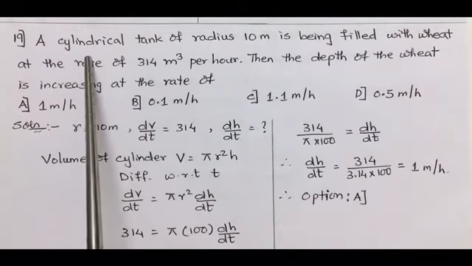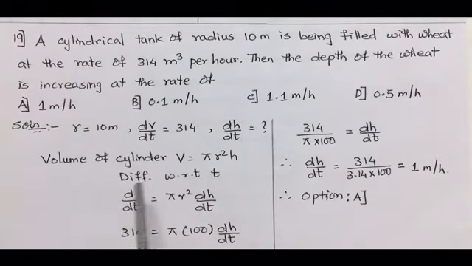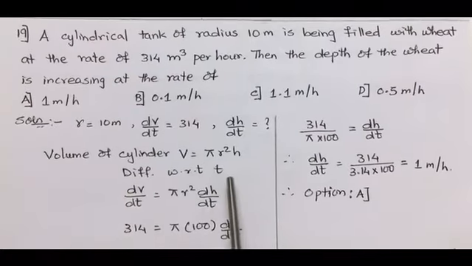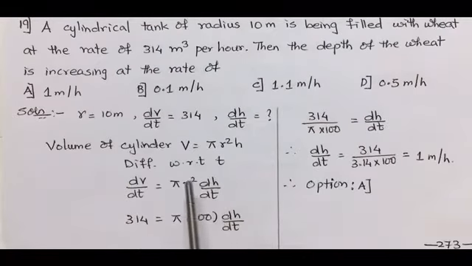As it is a cylinder, we will take up the volume of cylinder. V is equal to pi r square h. Differentiating it with respect to t, we get dV by dt is equal to pi r square dH by dt. Substituting the value of dV by dt as 314 equal to pi into 100 dH by dt.